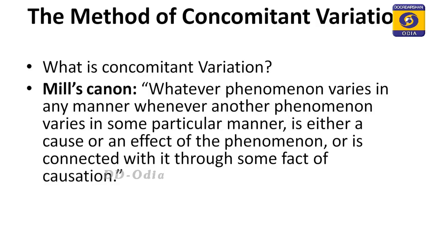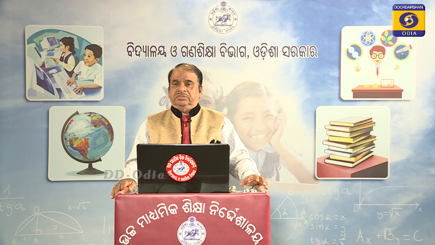Mill's canon for this method is that whatever phenomenon varies in any manner, whenever another phenomenon varies in some particular manner, is either a cause or an effect of that phenomenon, or is connected with it through some fact of causation. Try to understand it, it is very easy.